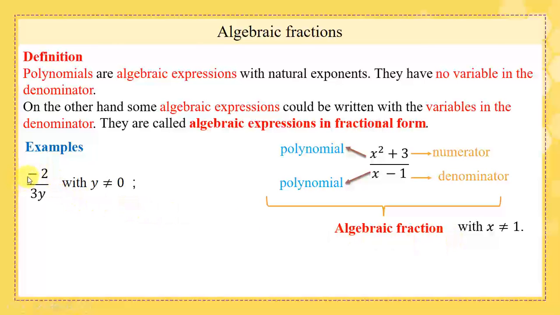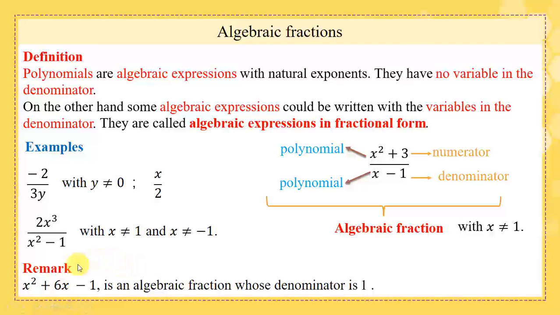Another example: negative 2 over 3y, with y different from 0. Or 2x cubed over (x squared minus 1), with x different from 1 and x different from negative 1. Remark: x squared plus 6x minus 1 is also an algebraic fraction, where the denominator is equal to 1.